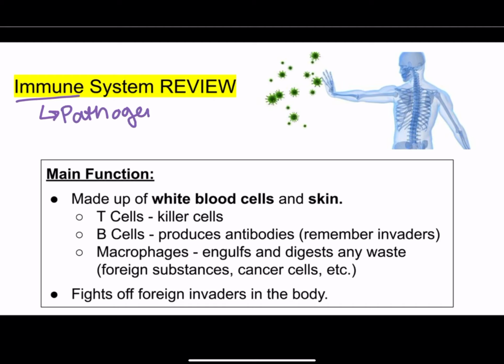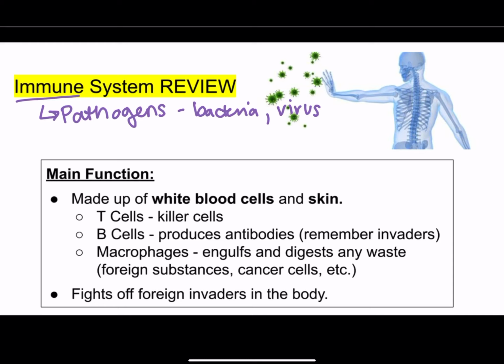Pathogens are any disease-causing agent, such as bacteria, viruses. It can even be a fungus, like if you get athlete's feet. So it could be any of those things, but it has to cause a disease. Now, our immune system is going to be the thing that fights off pathogens.